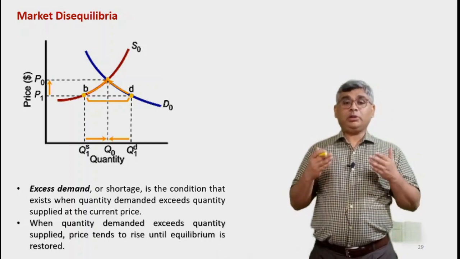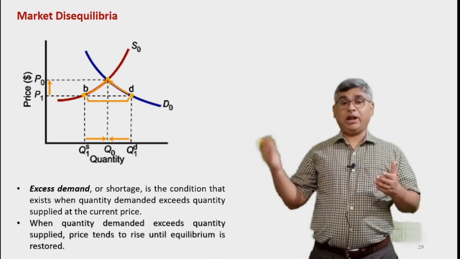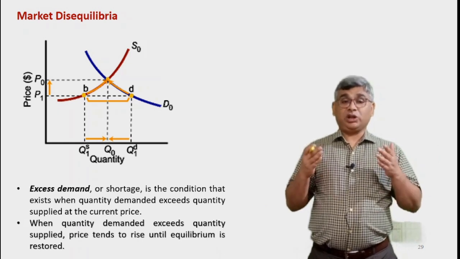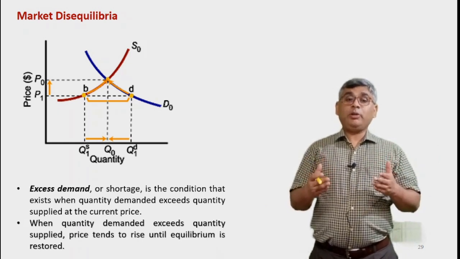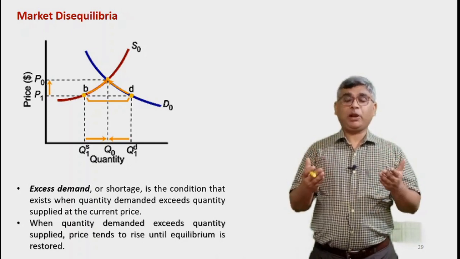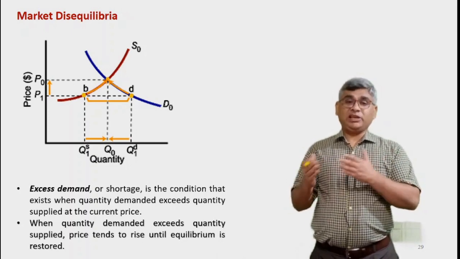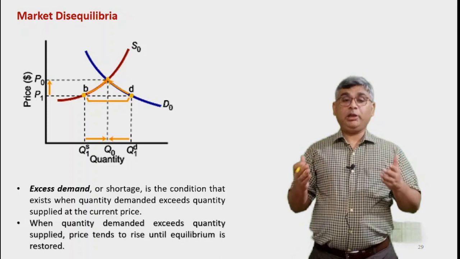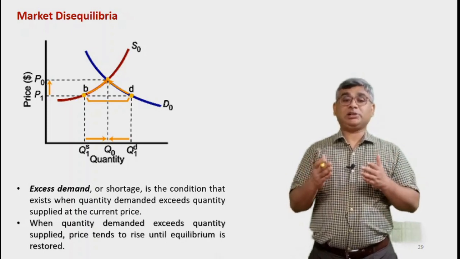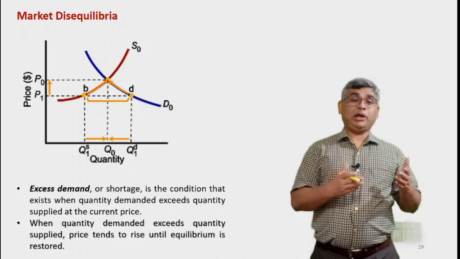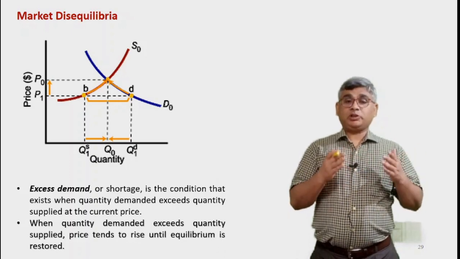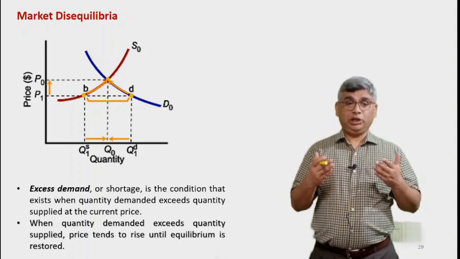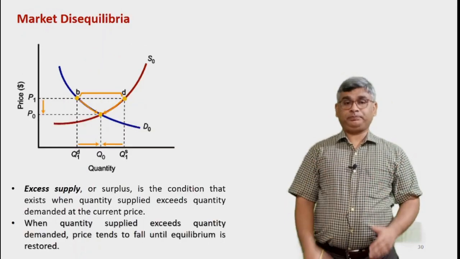So automatically, whenever there is a mismatch, where the demand is on the higher side and the supply is not enough, the equilibrium point is restored by increasing the price. Obviously, when the price increases, the demand falls. Initially the demand was Q1D, but because of the increase in price, the demand settles down to Q0. Initially the supplier supplies Q1S items, but because of the rise in price, the supply settles at Q0. This is how the equilibrium is restored.